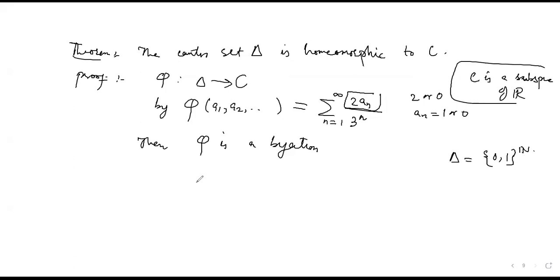So phi is a bijection and also phi is continuous. Now phi is continuous, I again want to leave it to you.